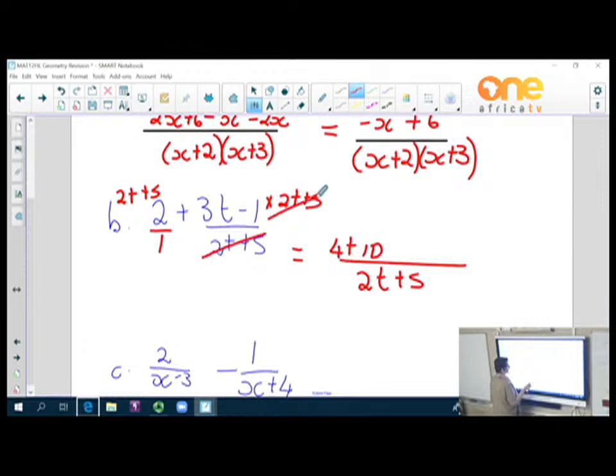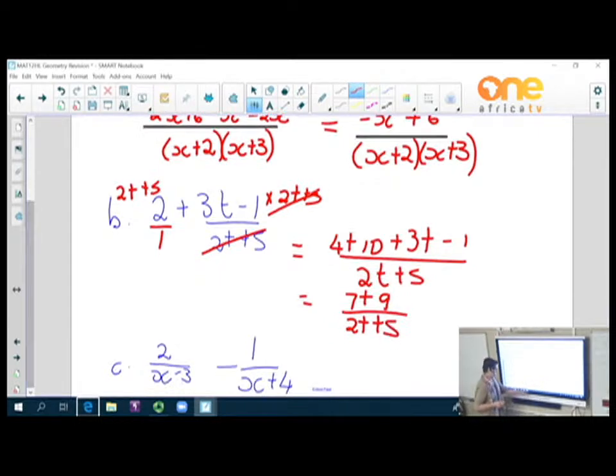Here we're going to cancel, so it's plus 3t minus 1. And now we just add our like terms. 4 plus 3 is 7t. 10 minus 1 is plus 9 over 2t plus 5.